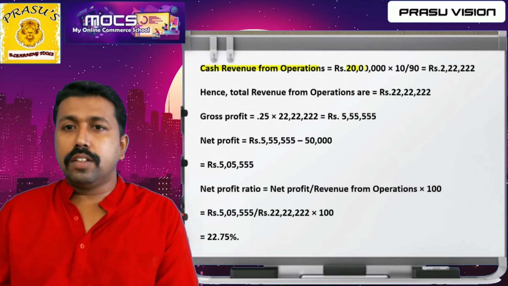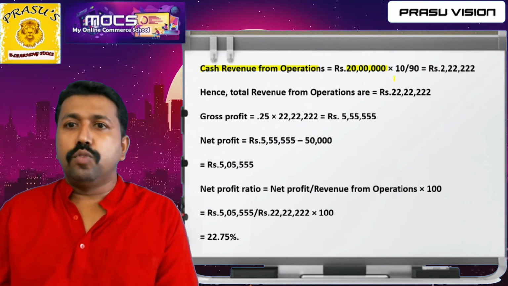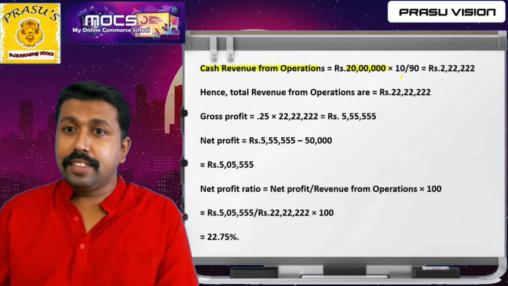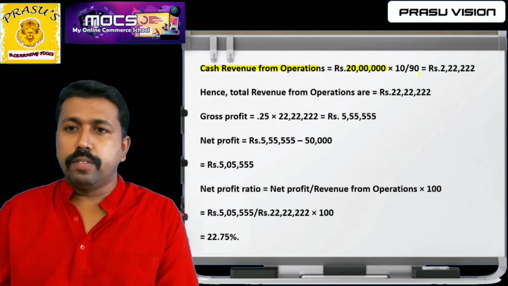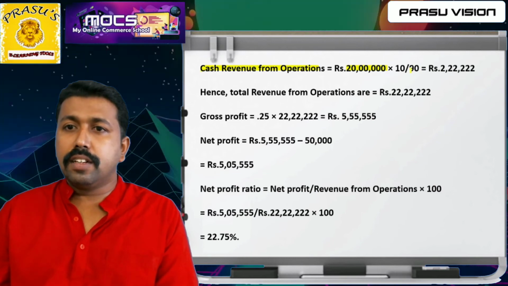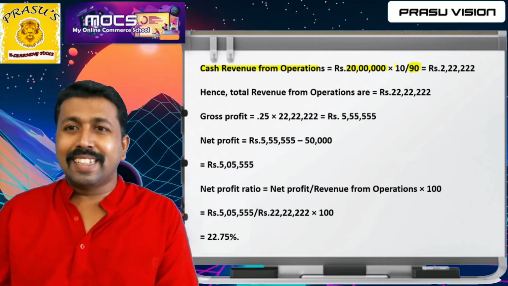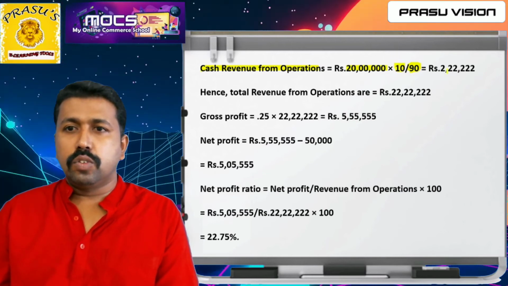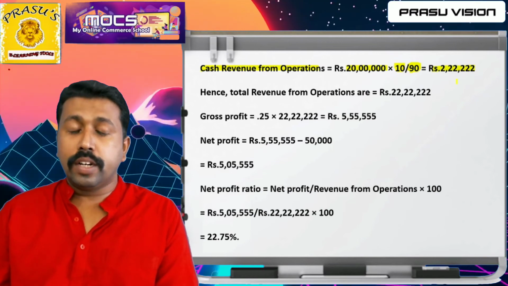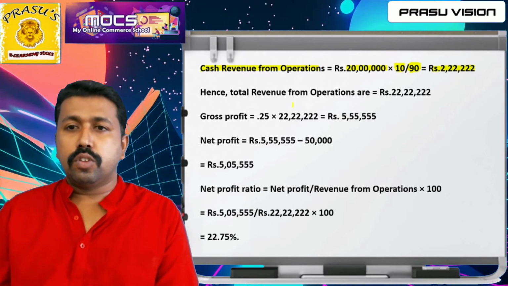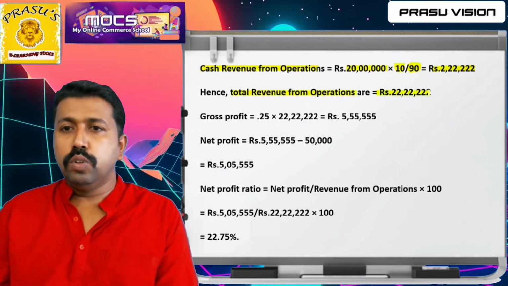Credit revenue is 20 lakh. They are saying that what? 10% of total revenue is cash revenue. So 20 lakh is equal to 90%. Then what is 10%? So we are getting 2,22,222.